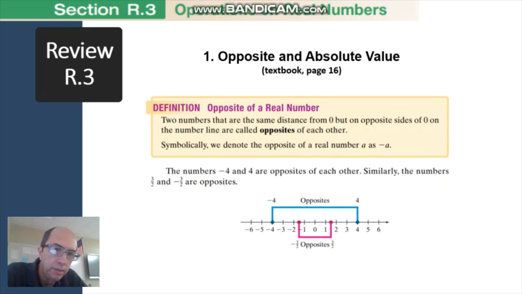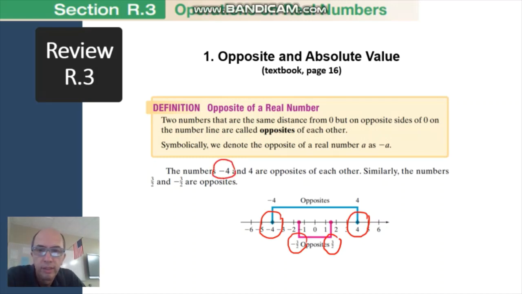If you have the number 4, negative 4 is the opposite because it's at the same distance from 0 on the other side of the number line. If you have negative 3 over 2, the opposite is 3 over 2. The opposite is the number with a different sign.